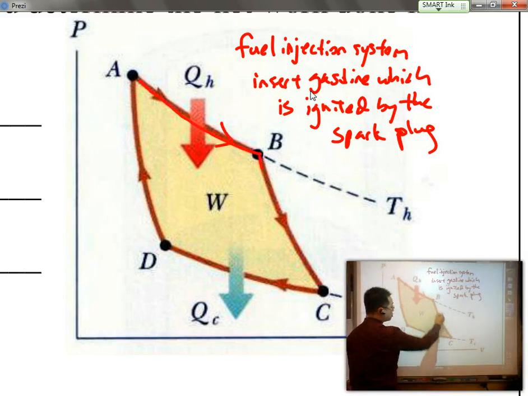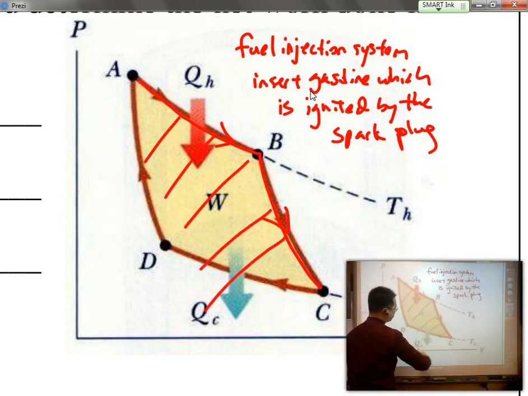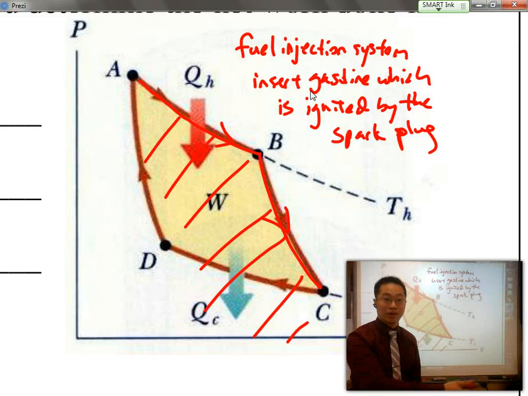That energy is used up, right, and we generate all this work as the piston is expanding out.